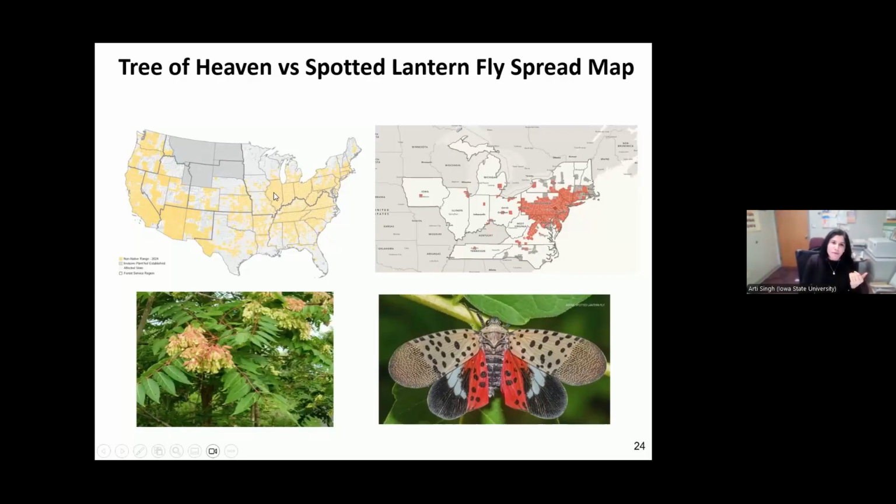If we see the map of Iowa, we already have Tree of Heaven in Iowa. So from a conservation perspective, we have to take into consideration both the host species and the pest when it comes to their spread.